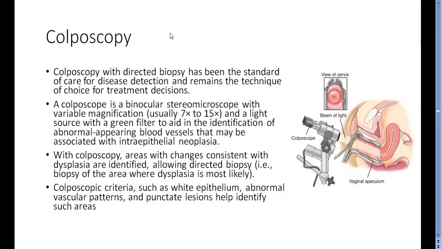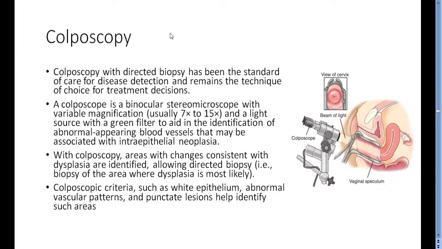Colposcopy. I mentioned this device, this method of investigation, when I talked about vulval cancer. This is a very useful instrument for the gynecology office. It was primarily invented for the early detection of cervical cancer. Colposcopy with directed biopsy is the standard of care for disease detection.